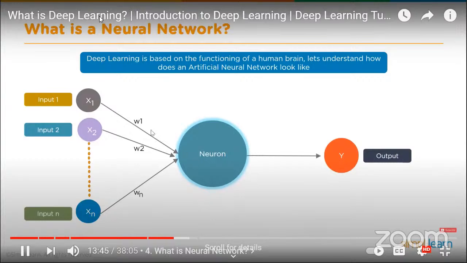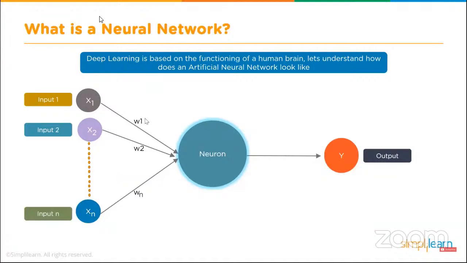Each of the inputs is multiplied by what are known as weights, which are represented as w1, w2, and so on. In the central unit, there is a summation of these weighted inputs, which is x1 into w1 plus x2 into w2 and so on. The products are then added, and then a bias is added to that.